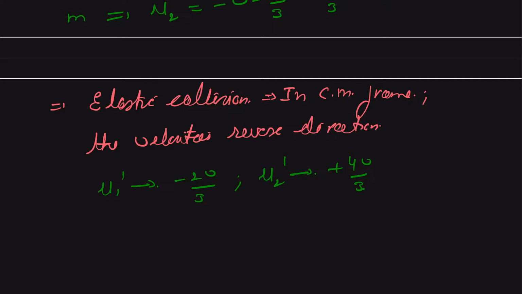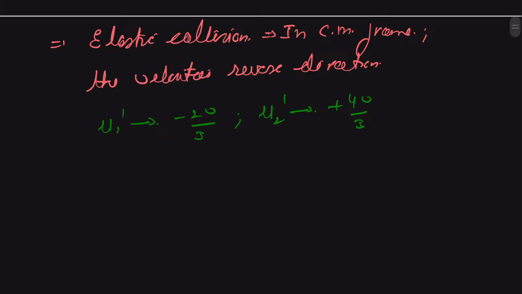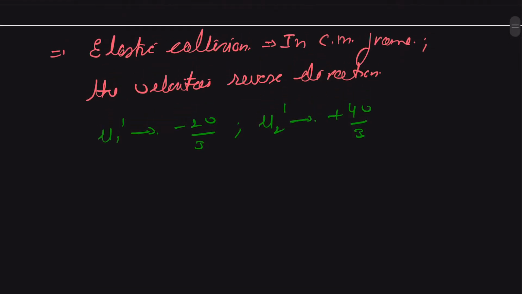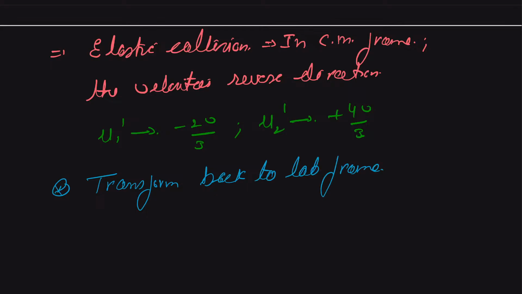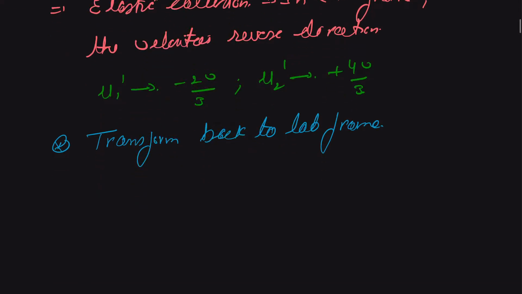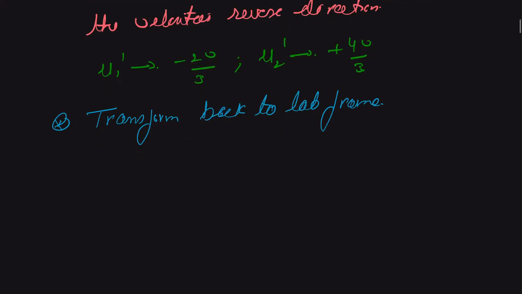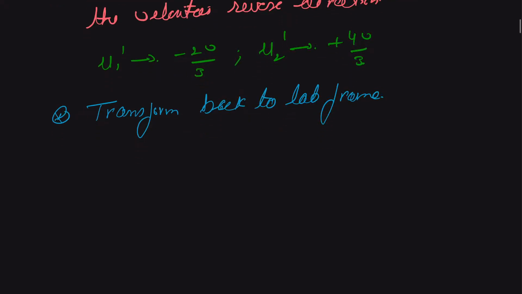Now we are going to convert this again to the lab frame. Transform back to lab frame, and obviously everything we calculated previously was because of the center of mass velocity, and that will be respectively added to each mass.